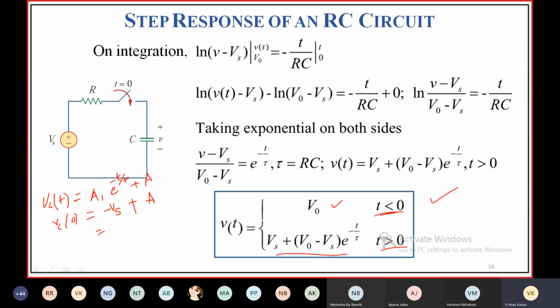So this is Vc of 0, minus Vs, e power minus t by tau. Sorry.